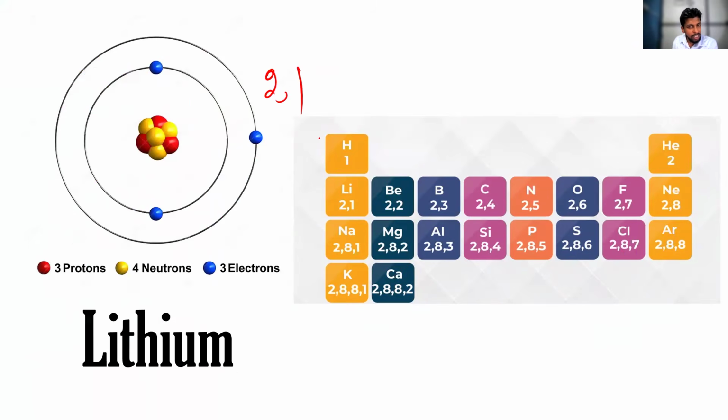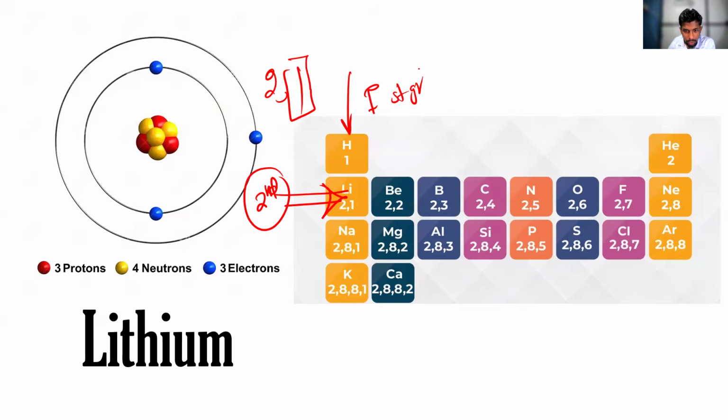How many numbers are there? 2 numbers are there. So they belong to the second period. Why? Because they have 2 numbers. And what is the last number? That is 1. So they belong to the first group. Look at the first group, second period.